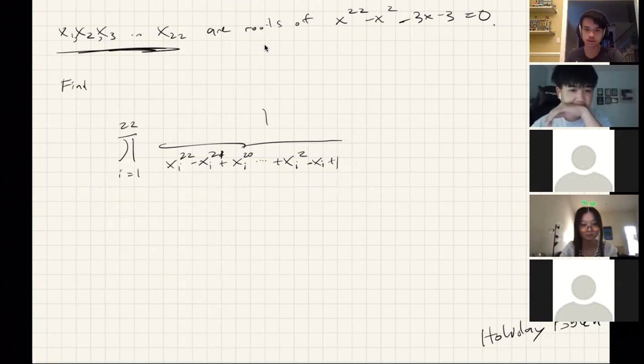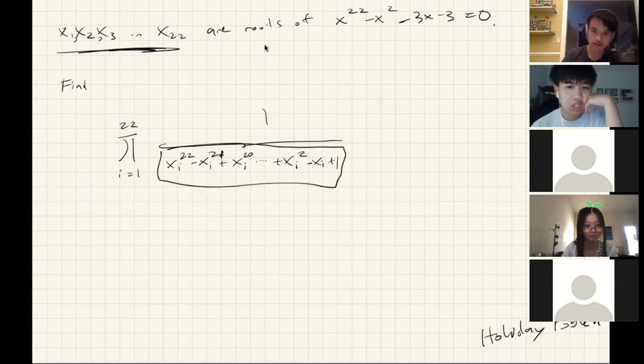So the first thing you might be interested in doing is writing this as the formula of a geometric series, right?